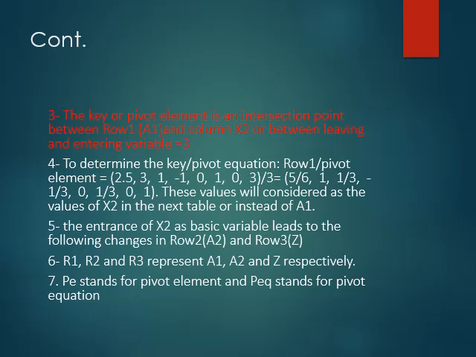This key or pivot element equals 3. The pivot equation is the main equation and plays a significant role in the process of finding the optimal solution. To determine the pivot equation, we need to divide row 1 over the pivot element.